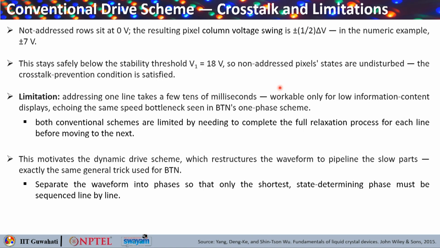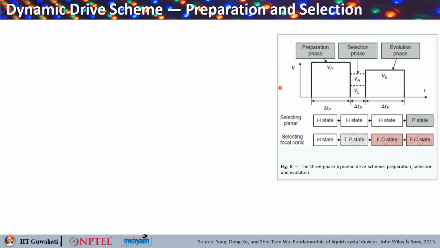So what you can do is separate the waveform into phases so that only the shortest state determining phase must be sequenced line by line. Okay, so here is how this particular scheme, the dynamic drive scheme, looks.